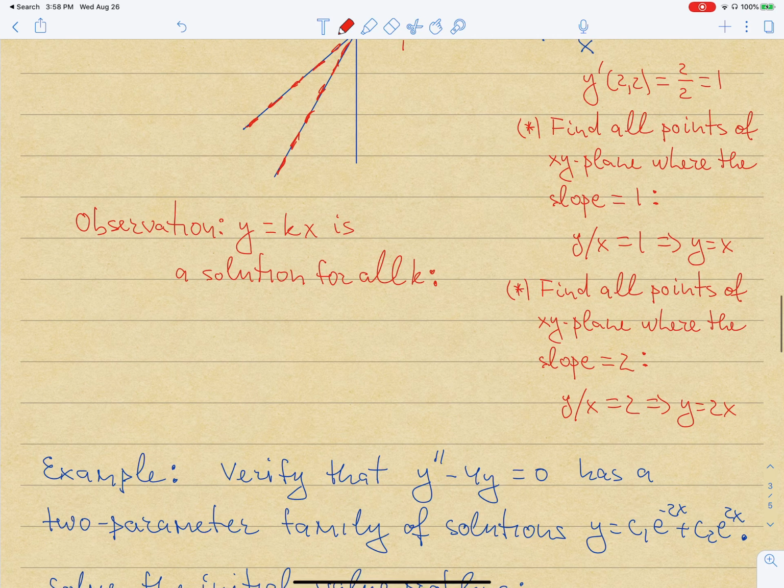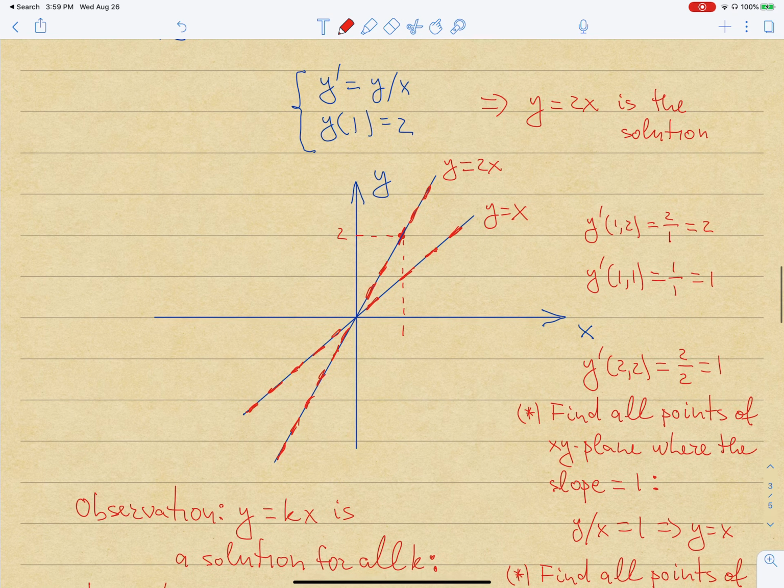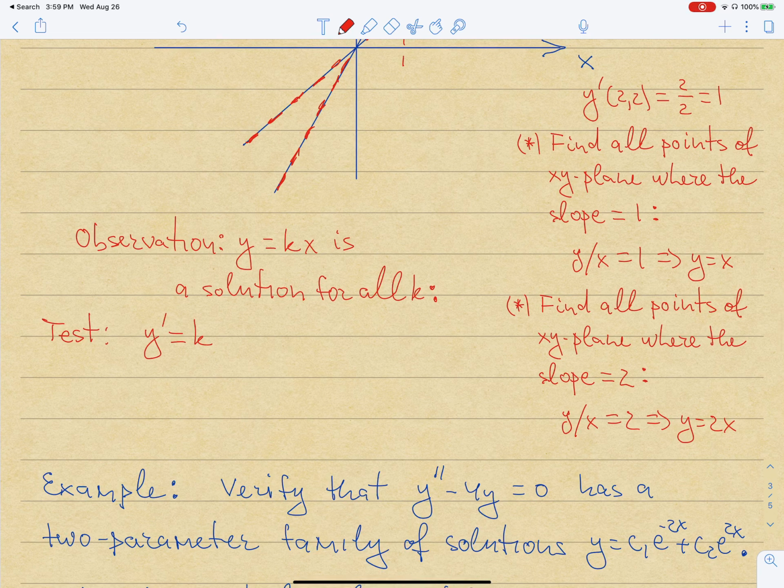So if y is equal to kx, then y prime is equal to k. And if I go back to my equation, y prime is equal to k, which is the same thing as kx over x. And kx is y, so this is y over x, and that's my original equation. So this checks.